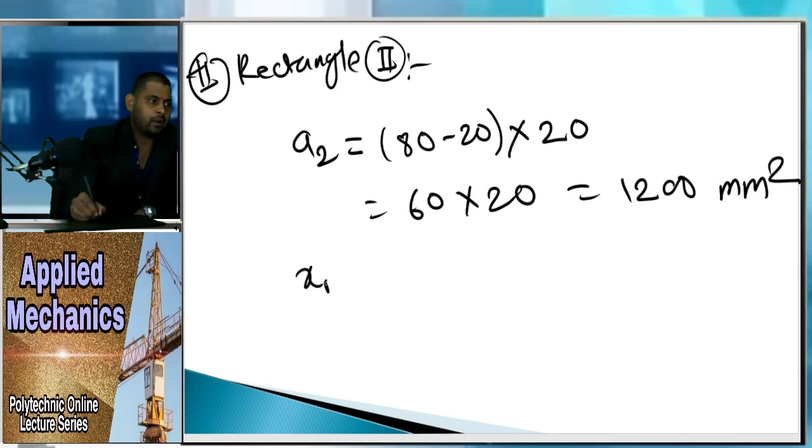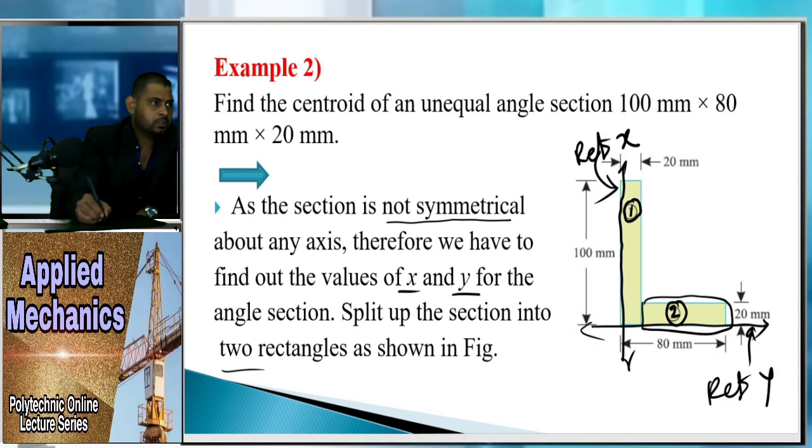Now you have to find out the x2. So here, now our reference line is here. You can see the reference line is here. So this 20 plus this rectangle. We have taken this 20 distance plus length by 2.